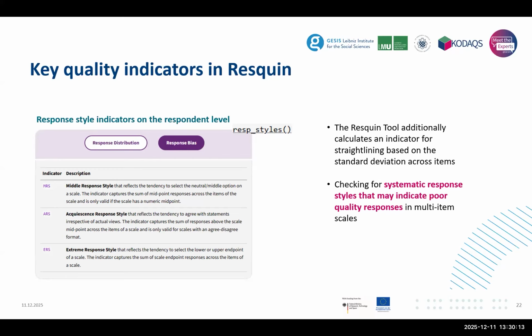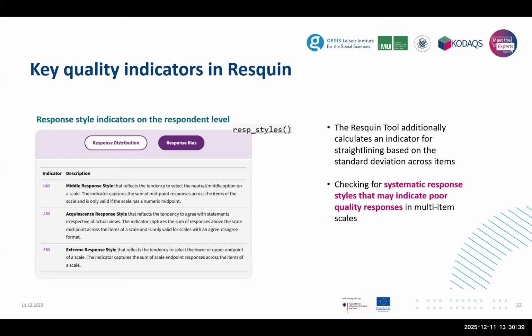The Resquin tool additionally also calculates an indicator for straightlining based on the standard deviation across items. If you assess the standard deviation across items, we also show you in the tool how to then calculate straightlining as an indicator for that. And this is, let's say, more straightforward.